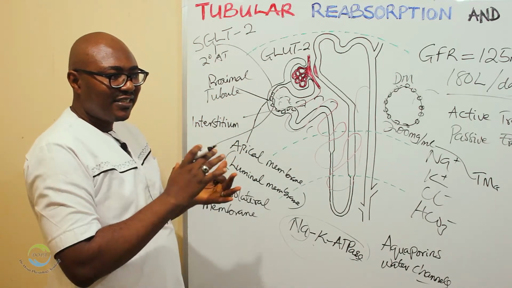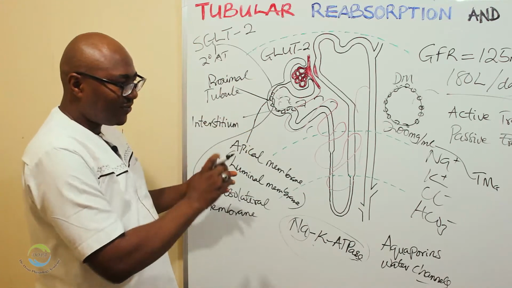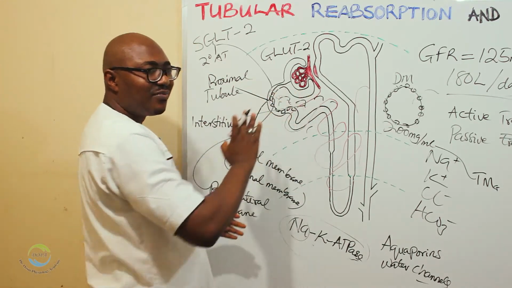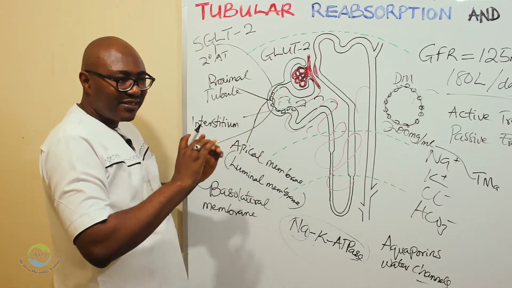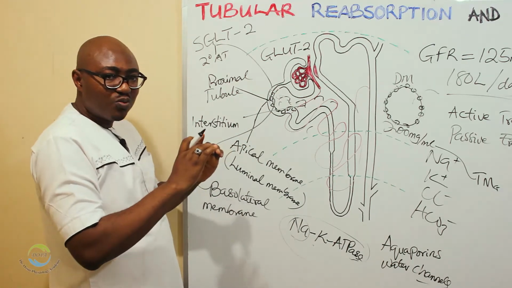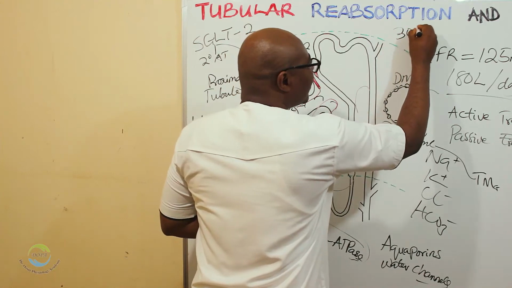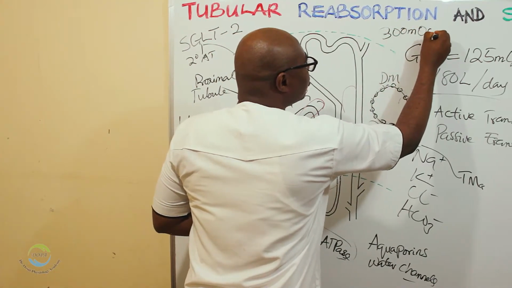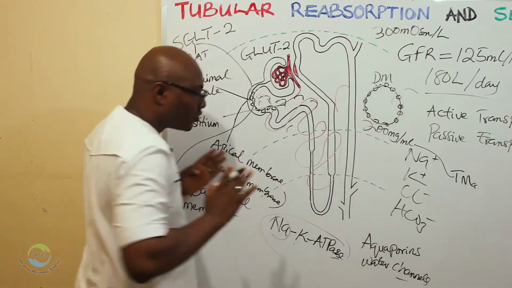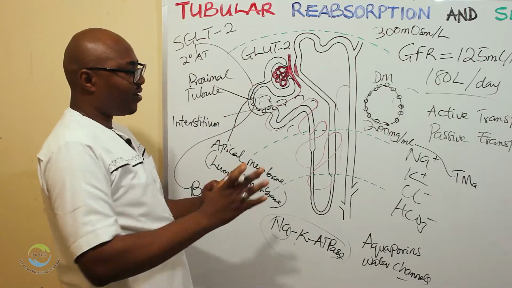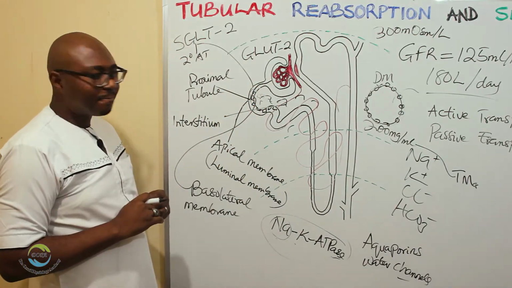So it doesn't dilute or concentrate the filtrate. The filtrate that leaves the proximal tubule is still the same osmolarity of about 300 milliosmoles per liter, because an equal number of water and solutes get transported.